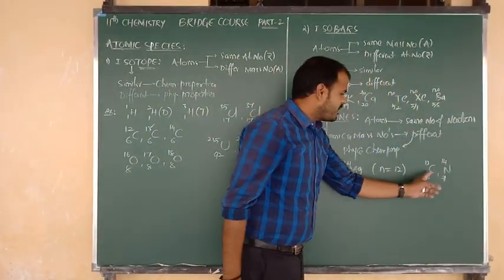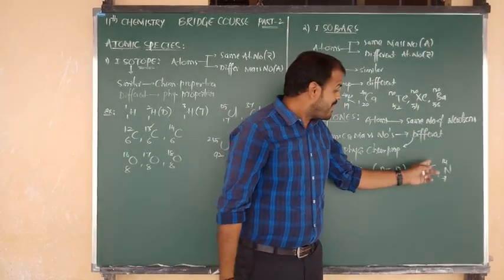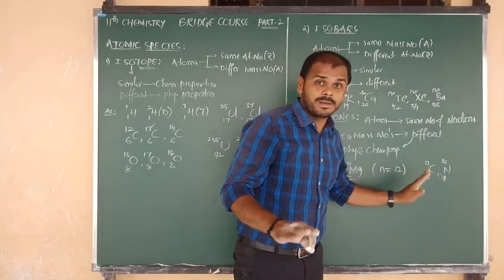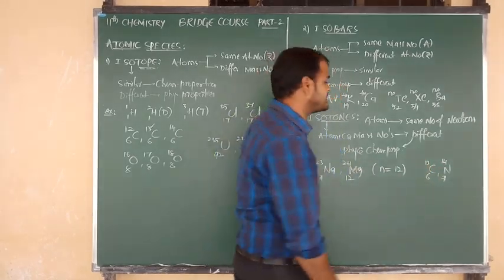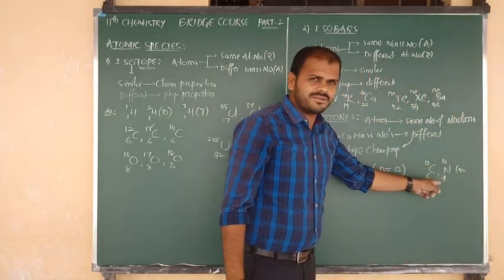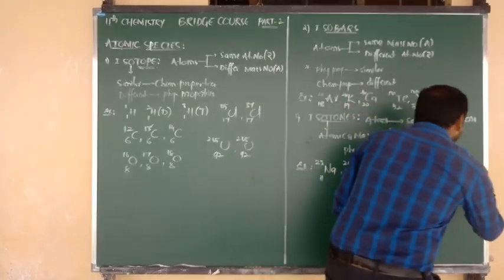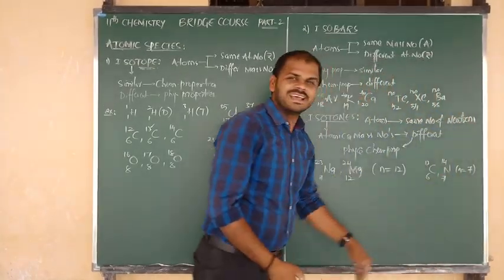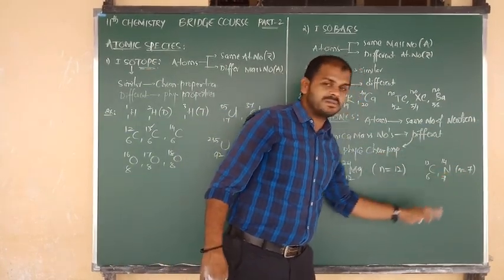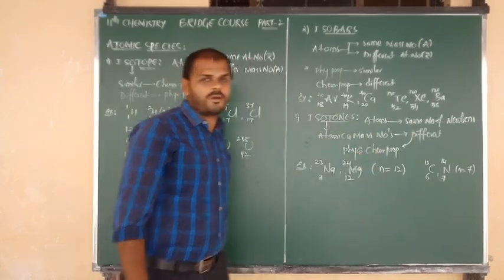Now carbon and nitrogen, atomic numbers 6 and 7 are different, mass numbers 13 and 14 are different. So atomic number is different, mass number is different. But what about neutrons? Number of neutrons equals 14 minus 7, answer is 7. 13 minus 6, answer is 7. So we have to say that both species again have the same number of neutrons, but their atomic and mass numbers are different. That means they show different physical and chemical properties.